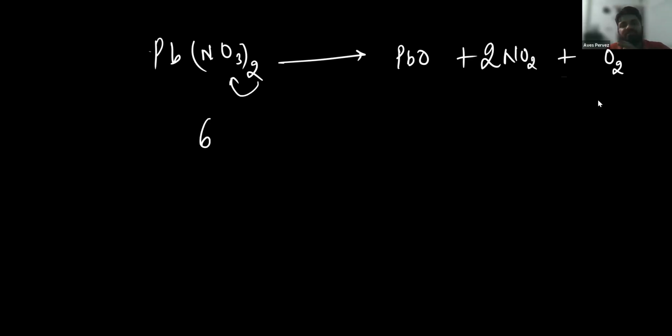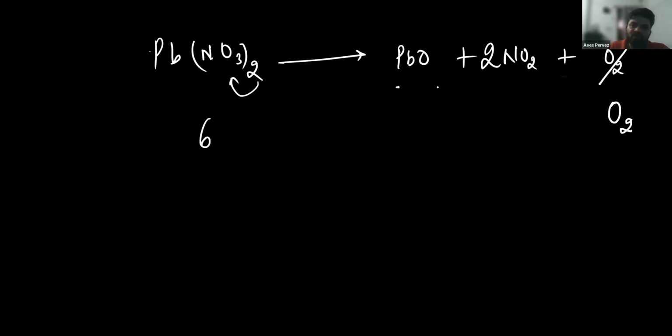Oxygen is creating the problem. If I change the numerical value somewhere here, then lead will become unbalanced, and I would have to change something else too. So what you need to do is multiply this O2.